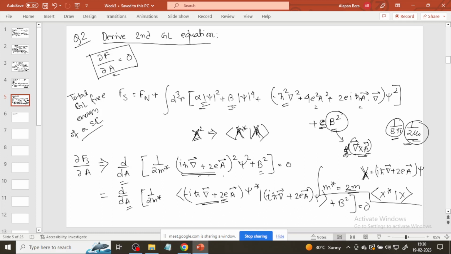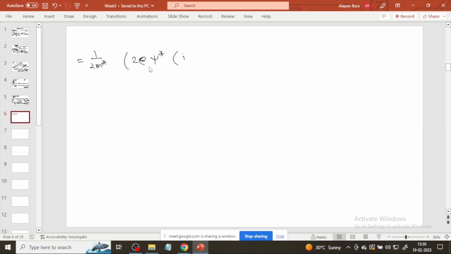So that is why I am writing this 2e outside, and the rest remains the same as always, plus minus i h cut psi star plus 2e psi. After taking the derivative, we get the form like this.